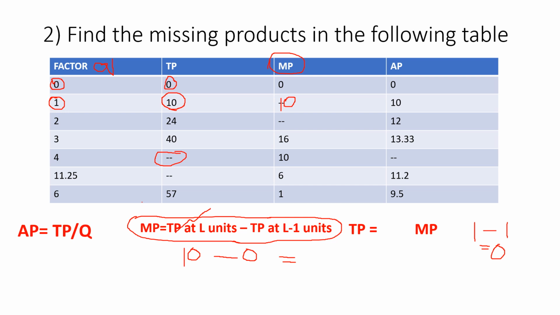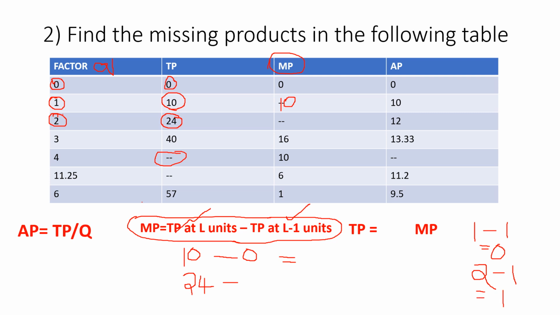Then the second one is also the same. TP at L units, which one do you have to calculate now? The TP beside the blank, how much is it? 24. So write 24. Write the formulas properly and then do the calculation. Minus TP at L minus 1 units. Now what is L? The corresponding L is 2. So L minus 1 is 2 minus 1, correct? 2 minus 1 is 1.